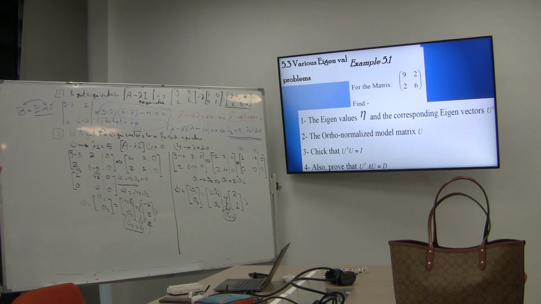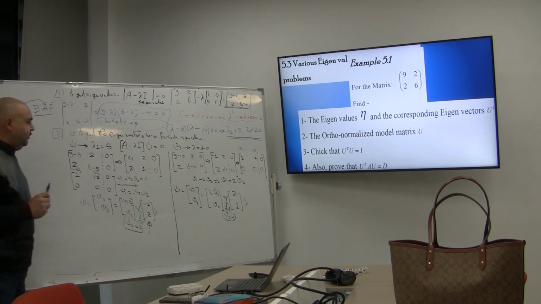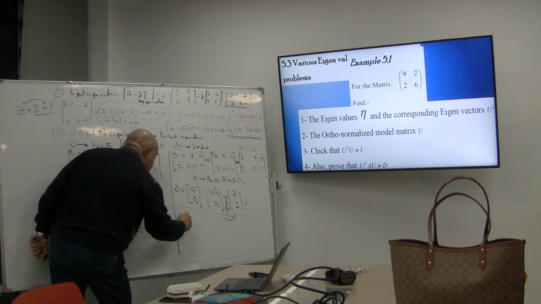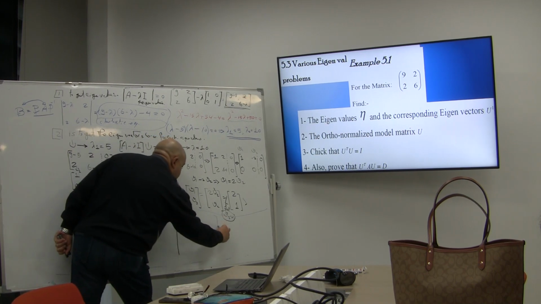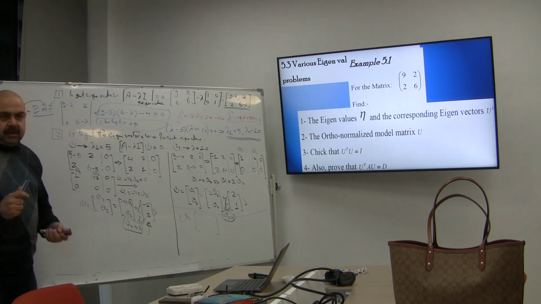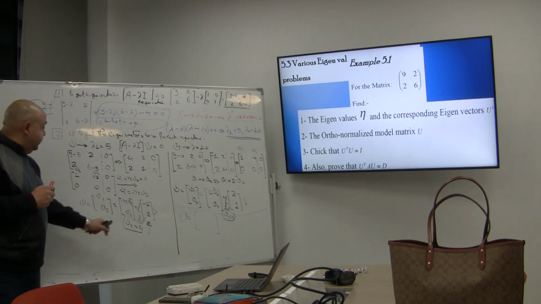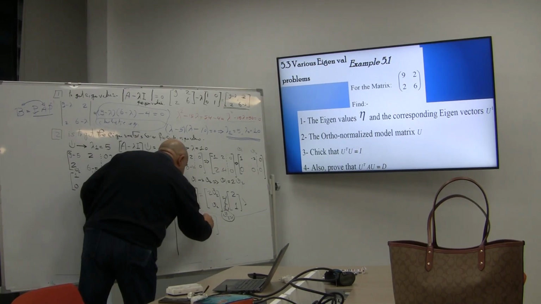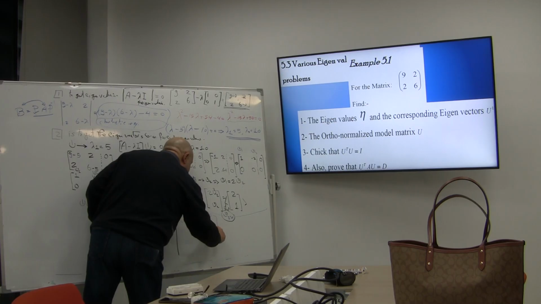Now I can simply get the value of the P matrix, or the U matrix, that I'm asking you about. All I have to do now is to get this matrix U. The first eigenvector will be the first column of this matrix. So the first column is negative 1 and 2. The second one is 2 and 1.